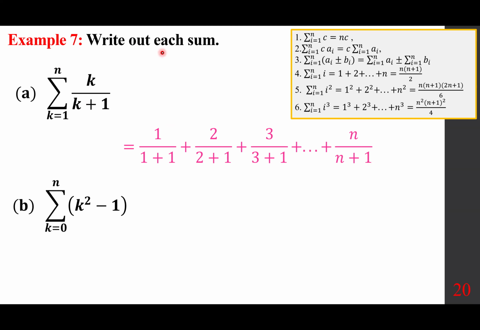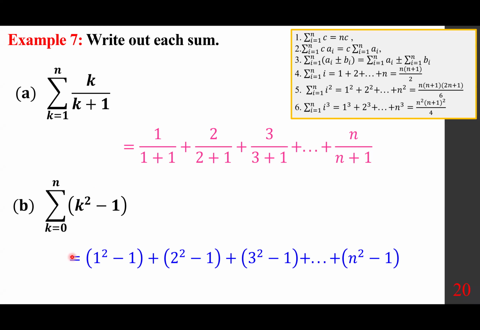Same thing here. k is 0. So if I put 0, I get 0 squared minus 1. If I put 1, I get 1 squared minus 1. If I put 2, I get 2 squared minus 1. If I put 3, I get 3 squared minus 1, all the way to n squared minus 1. And again, I want you to notice, I didn't write the first one. If you plug in 0, it's 0 squared minus 1, which is minus 1.